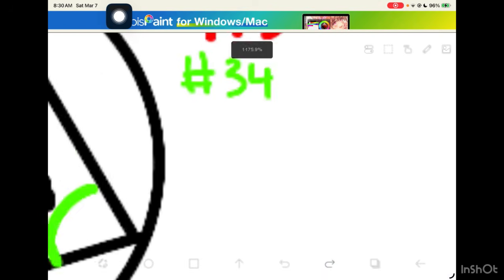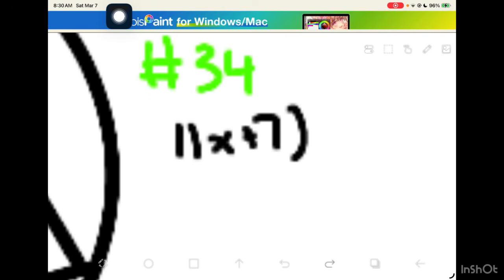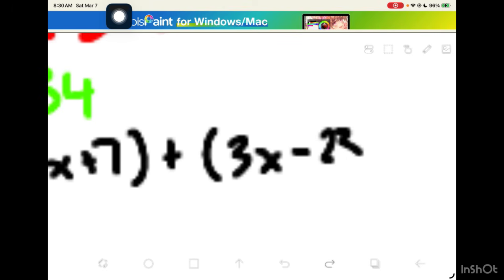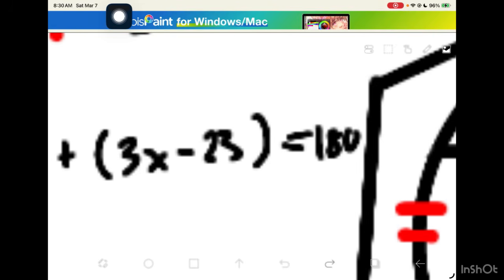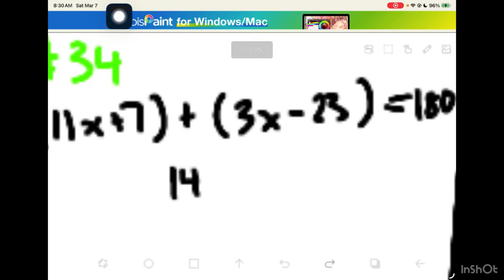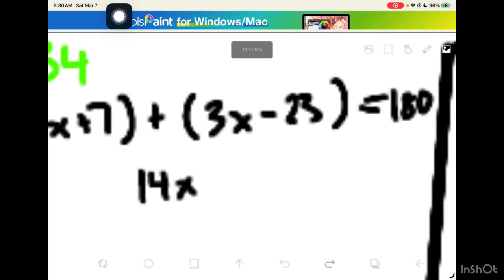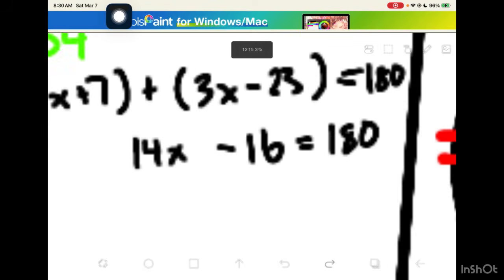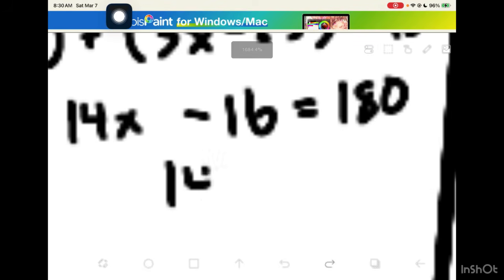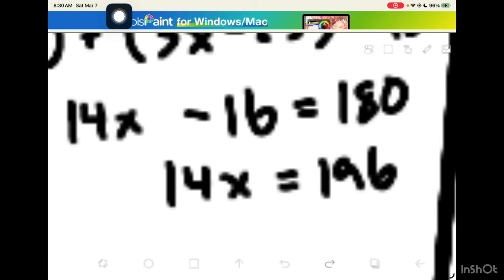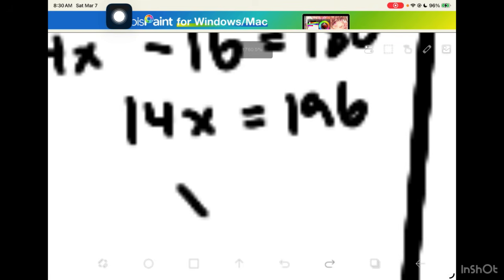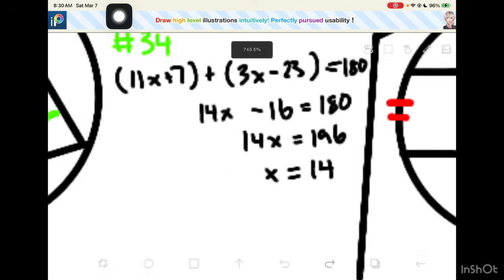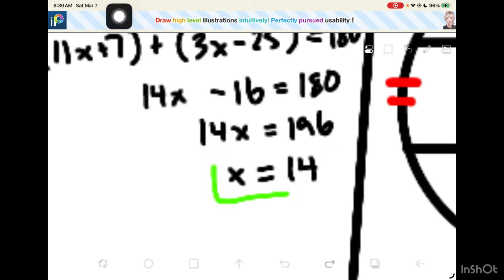So it's equal to 11x plus 7 plus 3x minus 23 is equal to 180. 14x minus 16 equals 180. 14x is equal to 196. Divide both sides by 14 to get x is equal to 14. Right? Yeah, right.